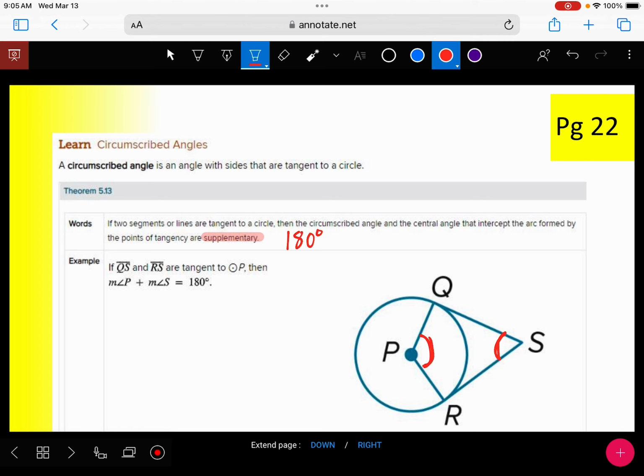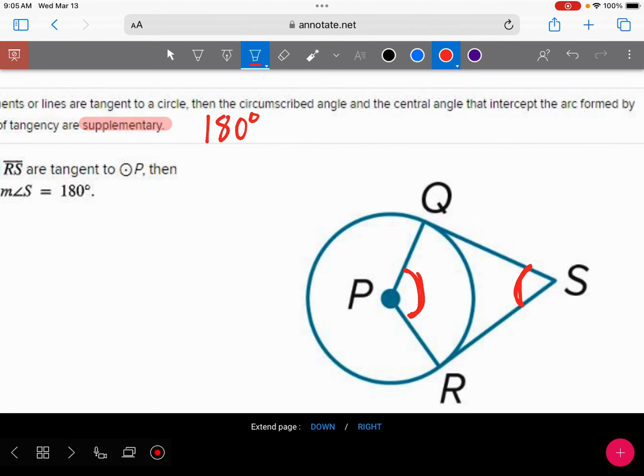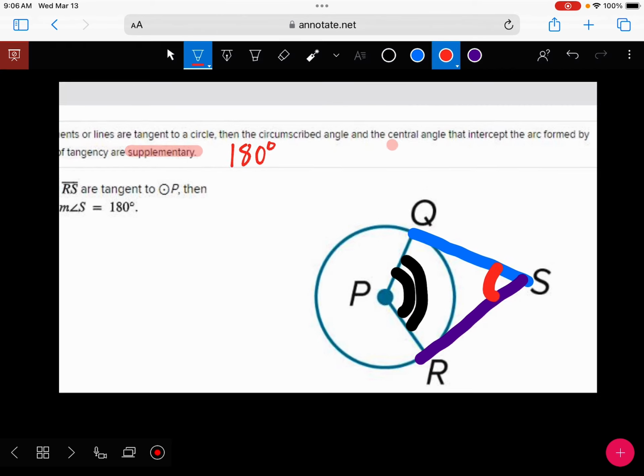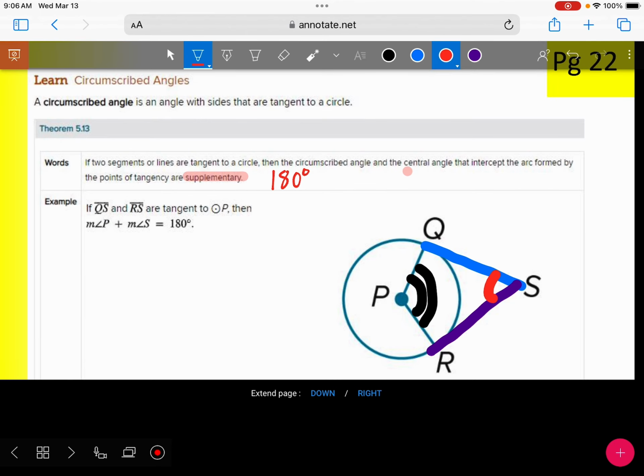Whenever you see two tangents, so this is a tangent, and this is a tangent, these two angles are actually equal to 180. So this angle plus this angle equals 180. That's what the word supplementary means.